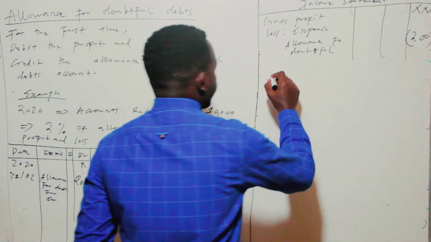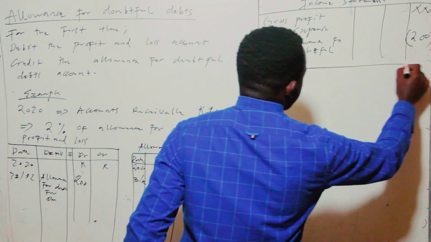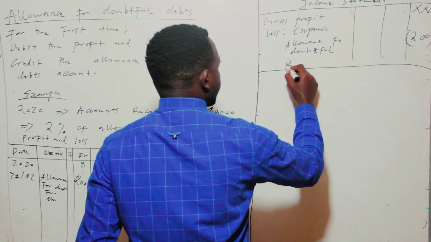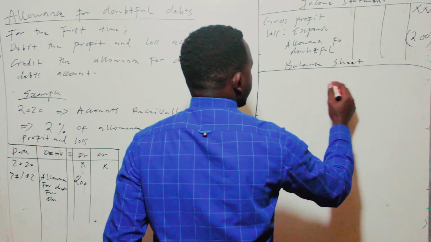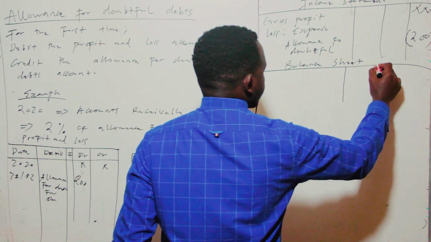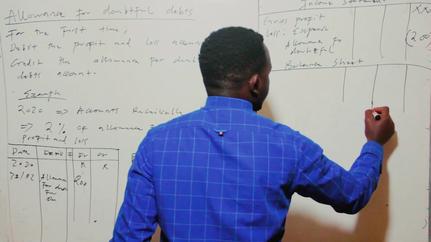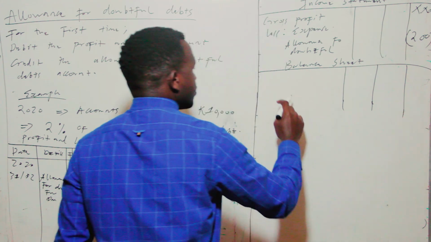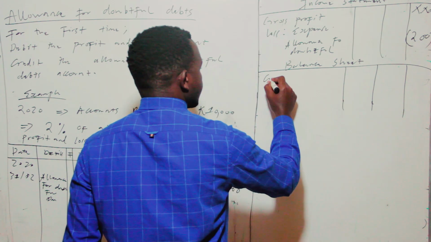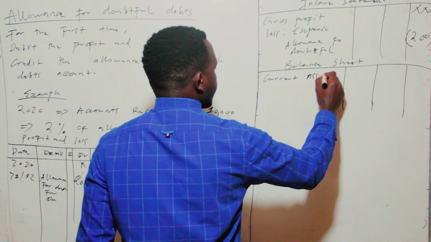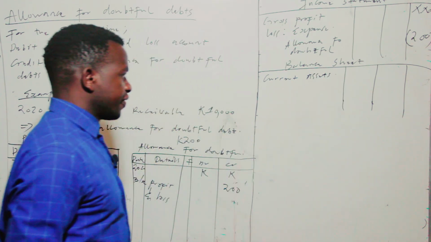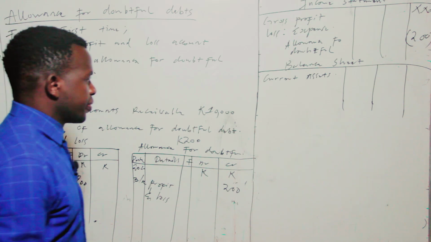Then in the balance sheet, let us record that transaction. In the balance sheet there, we're going to have current assets, and under current assets we have the debtors figure, or accounts receivable.